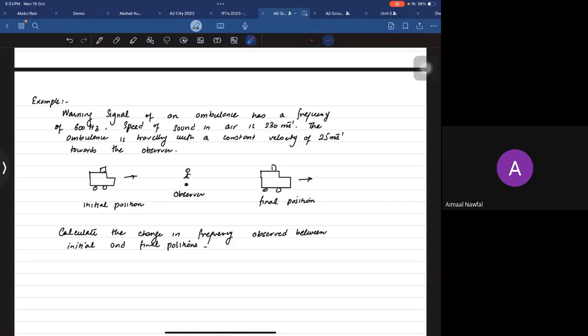Just to give you a hint, this is obviously the original frequency, which has to be Fs. This is the speed of sound, which has to be V. This is the speed of source, which is Vs. He will observe a frequency F naught when it's coming towards him, and another F naught when it's going away. You have to find the change between them. Try this, please.